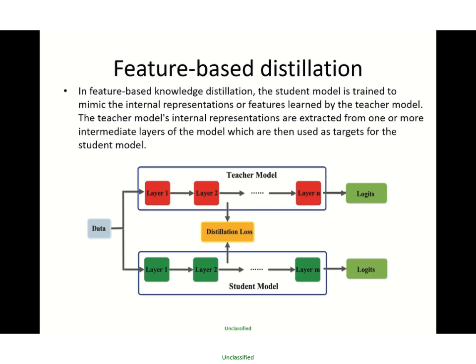Now, the teacher model is being trained at different layers. As the data goes through the model, features are extracted from the model and used as input into the student model.